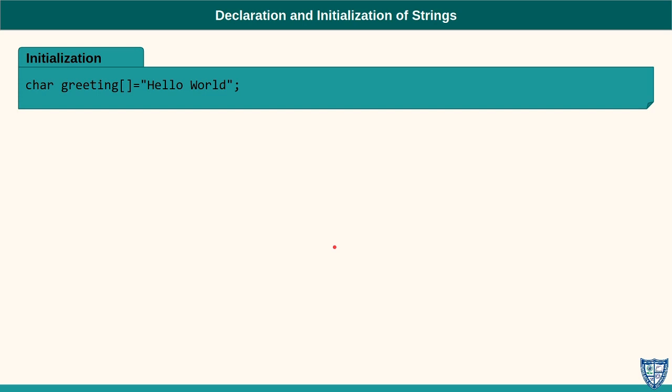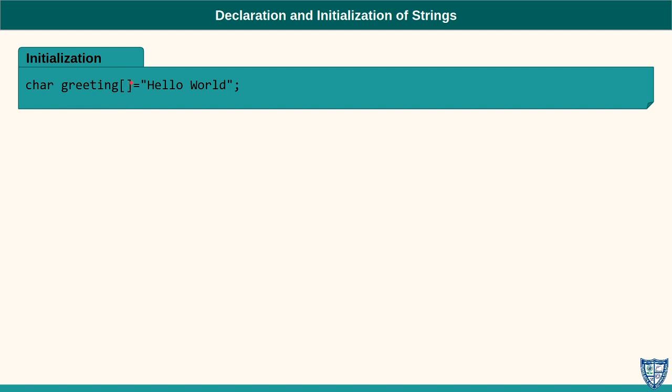This line: char greeting, square brackets with nothing inside, equal to hello world. Is there anything wrong with this syntax? As I mentioned previously, we put the size inside the square brackets, but C allows this kind of syntax also.